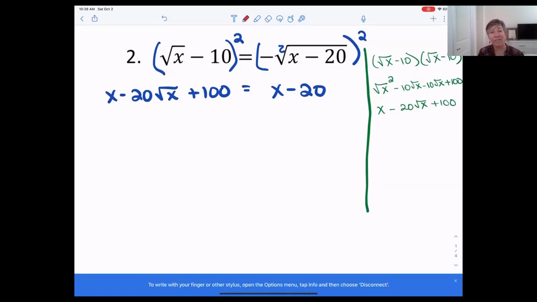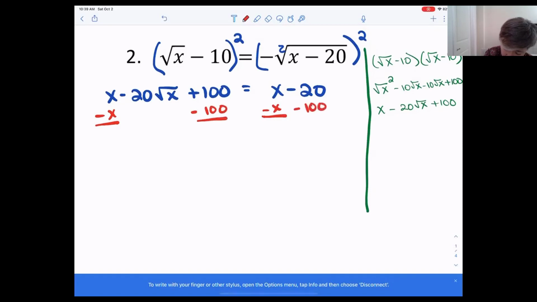So now that we've gotten rid of the big square root, we need to turn around and isolate the other square root and get it by itself. So we can subtract x from both sides. And we can also subtract 100 from both sides. We can do that in the same step. That will leave us with negative 20 square root of x equals negative 120.